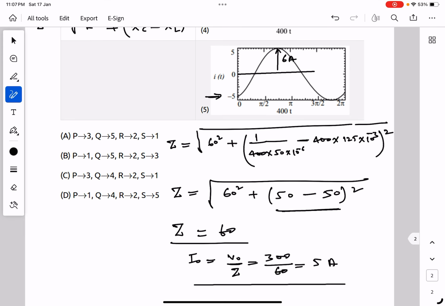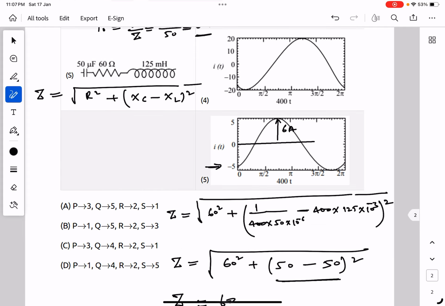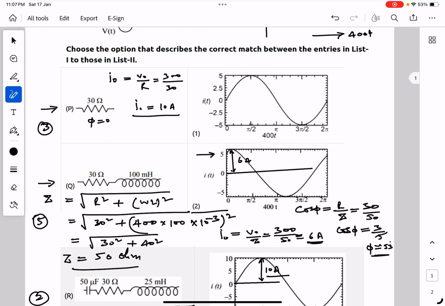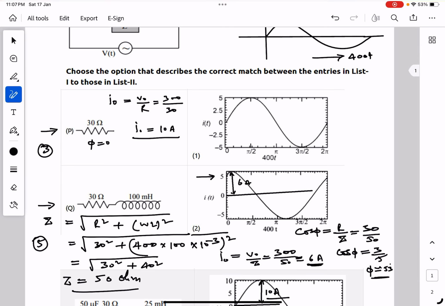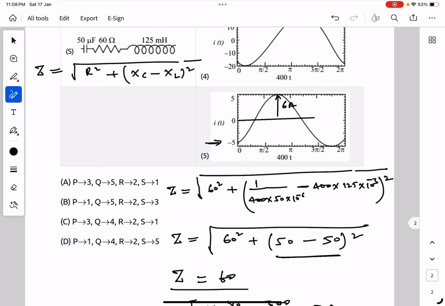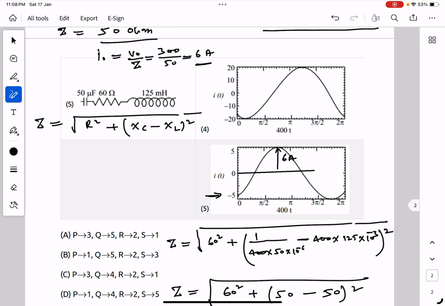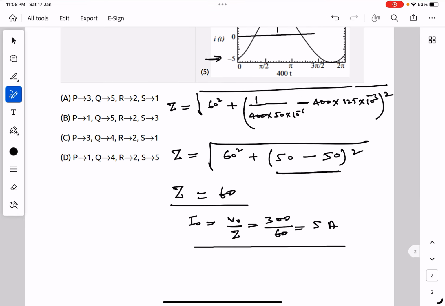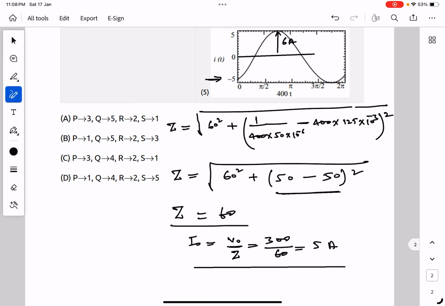Amplitude of current is 5 ampere and current is in phase with the voltage. So this is the correct match. Therefore, out of these options, option A is correct. Alright, thank you very much.